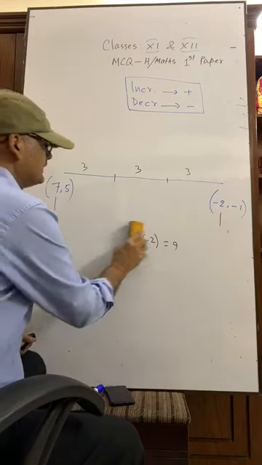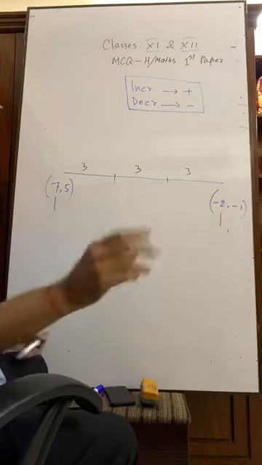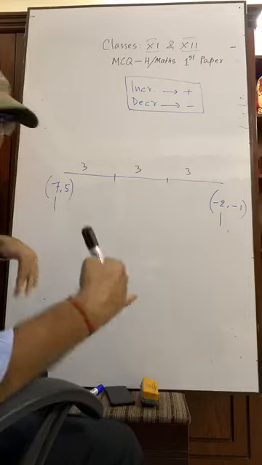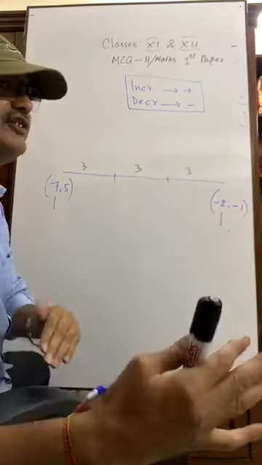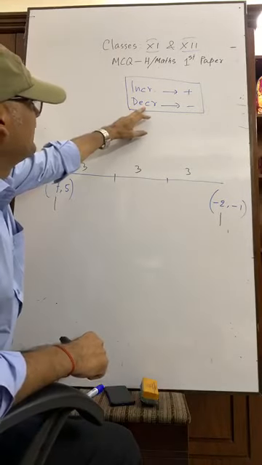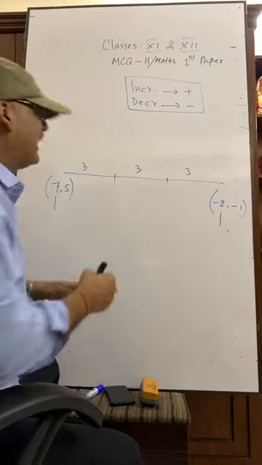Okay. Now, you have to think. We have gone to minus 2 from 7. Is it increasing or decreasing? Definitely decreasing. If it is decreasing, then it will be minus.